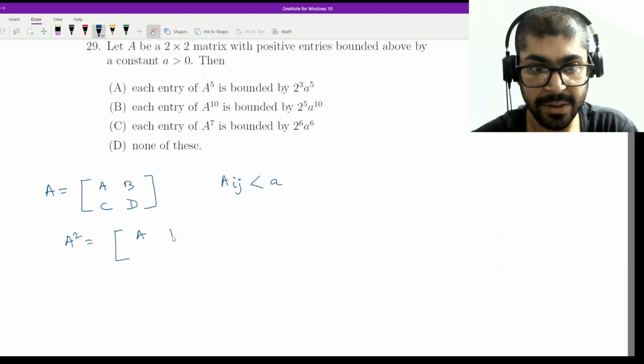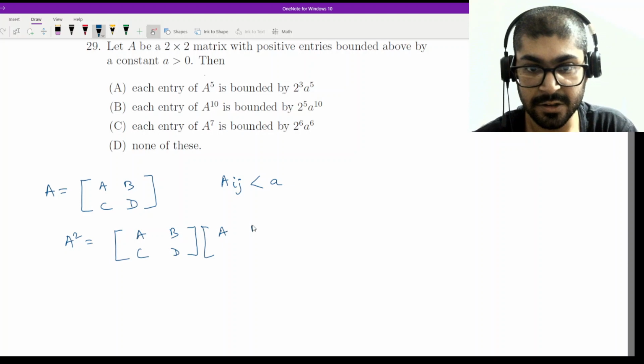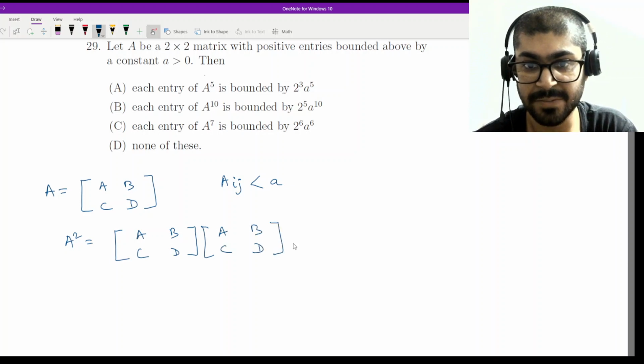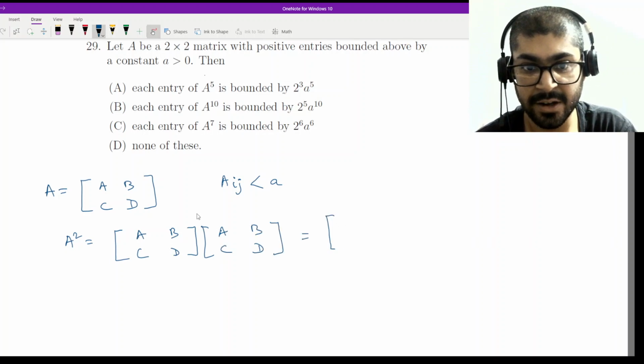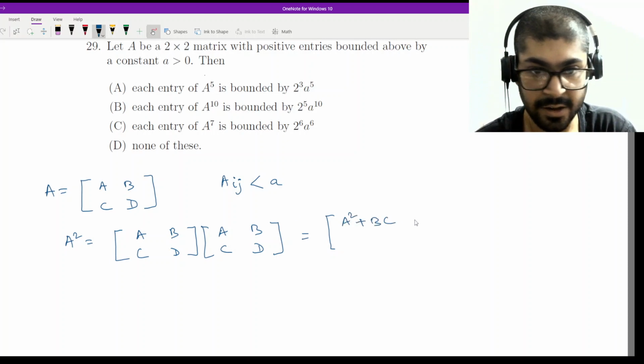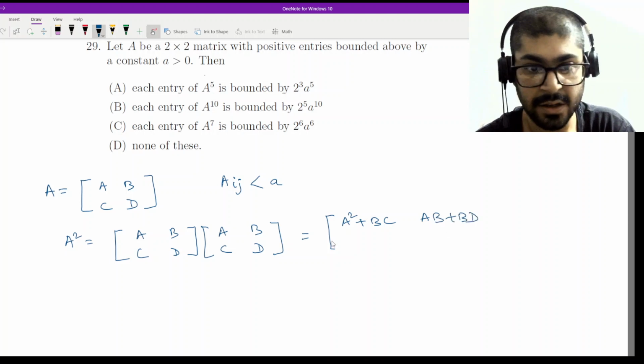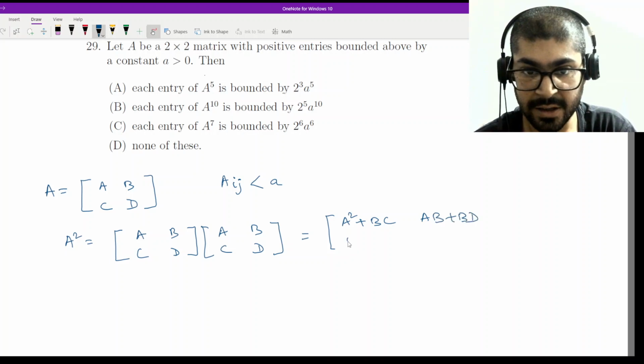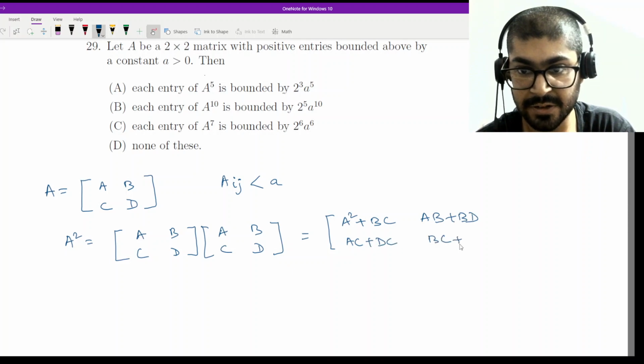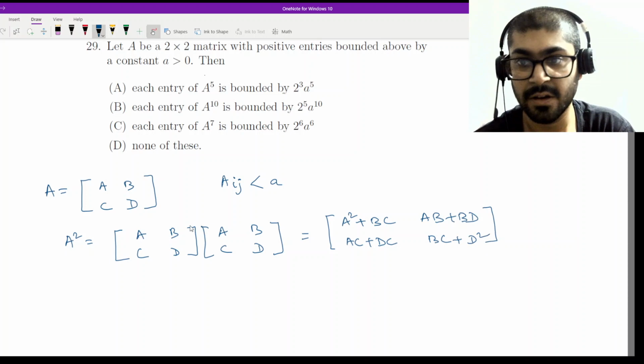A squared will be [a, b; c, d] times [a, b; c, d]. Do this matrix multiplication and you end up with a squared plus bc, then ab plus bd, then ac plus dc, and bc plus d squared.